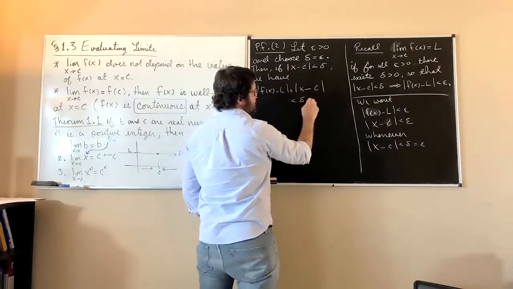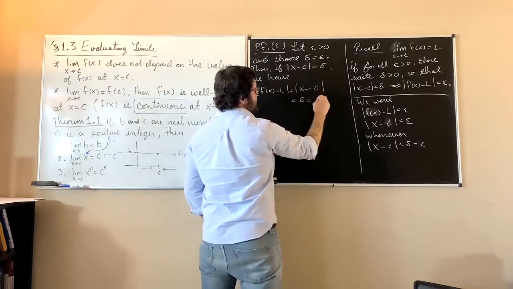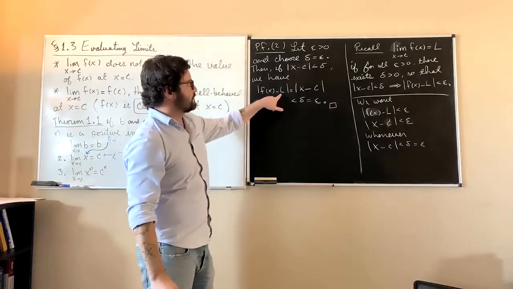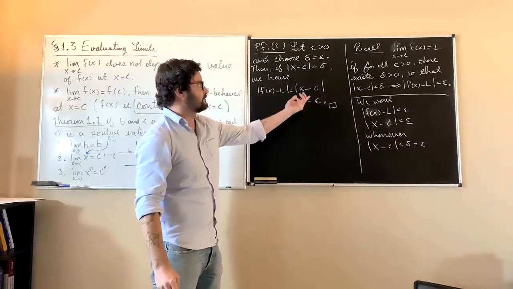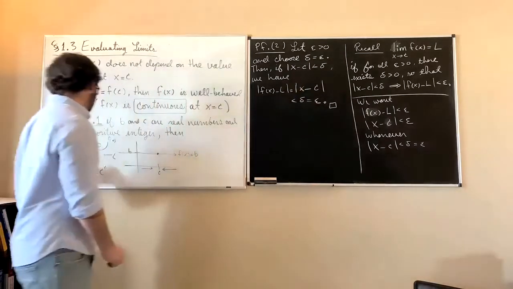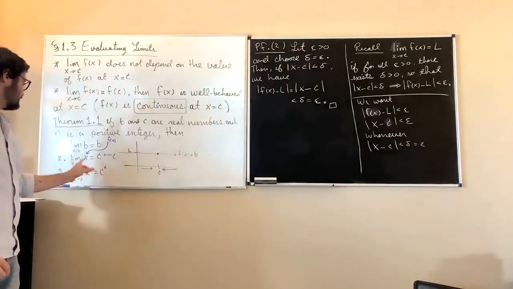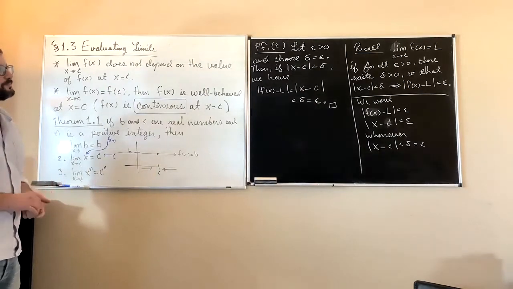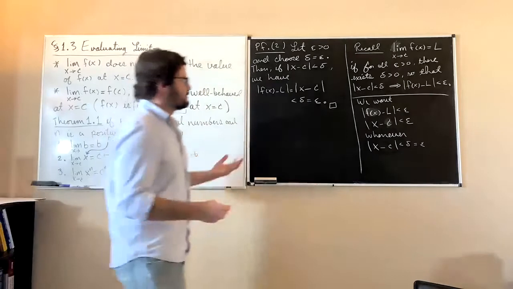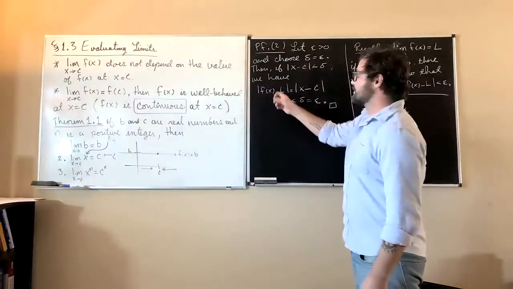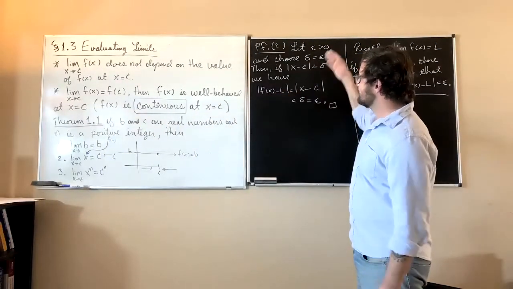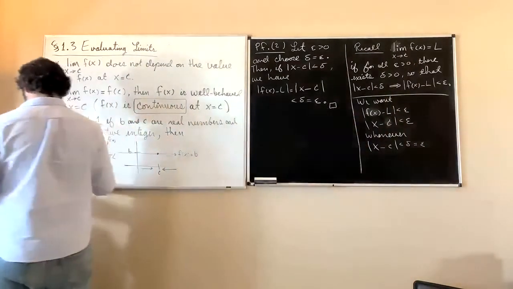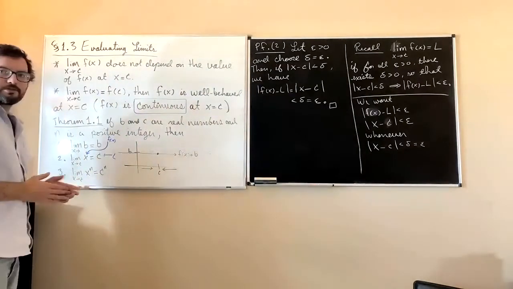But we chose delta equal to epsilon. So we've shown that the function minus the proposed limit is less than epsilon. So that basically establishes part two. Again, it seems kind of trivial because that's x and that's c, but it's still important to show that it does satisfy this definition, so part two is true. And then we'll prove part three later in this lecture.